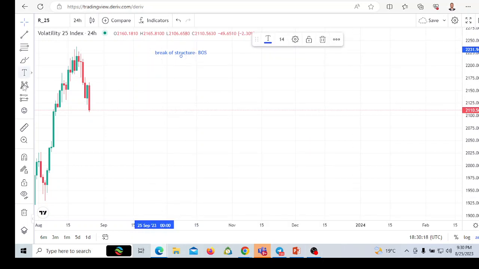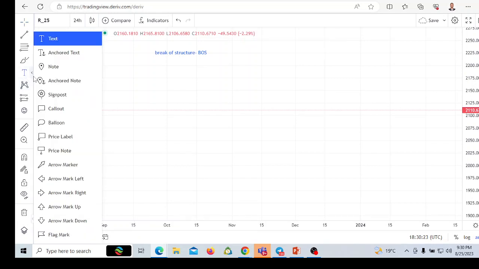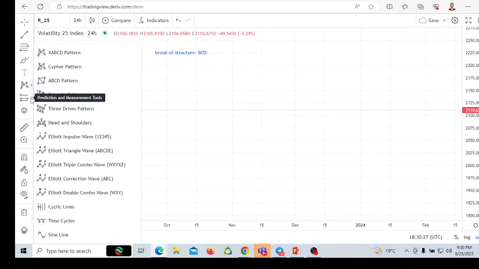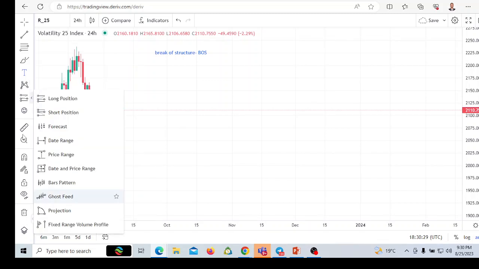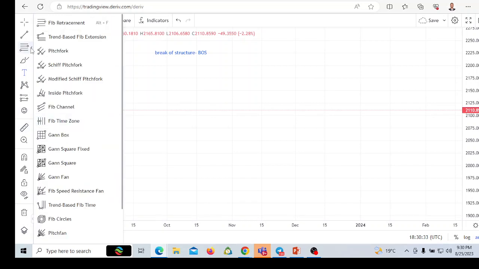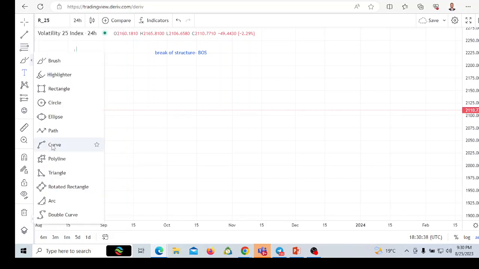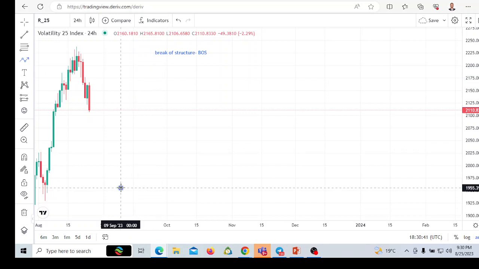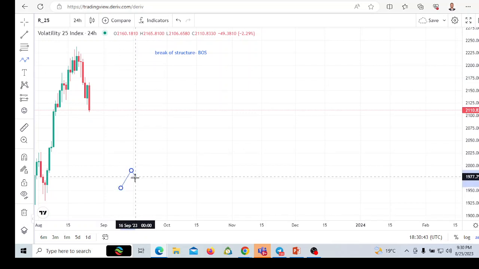What this means is the market is moving from a buy to a sell or from a sell to a buy. Simple. It's important because now the structure is breaking. So let's say you remember our uptrend. Low, high.